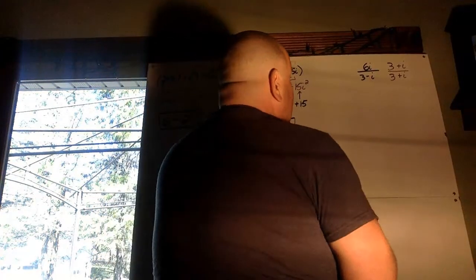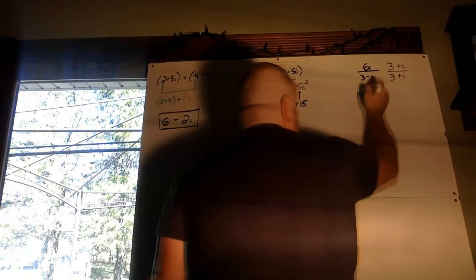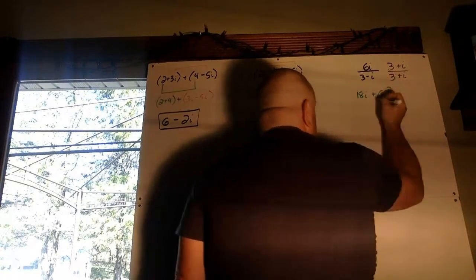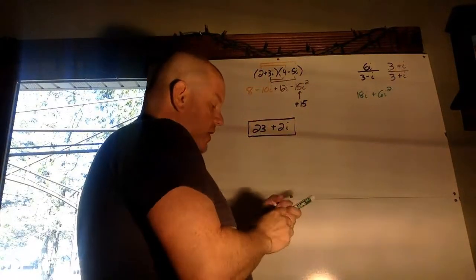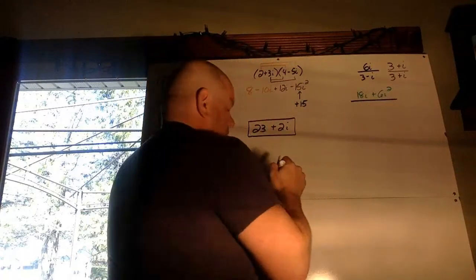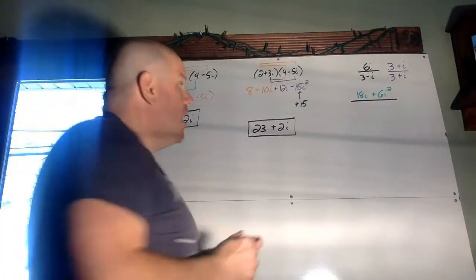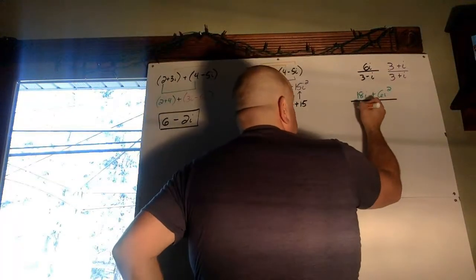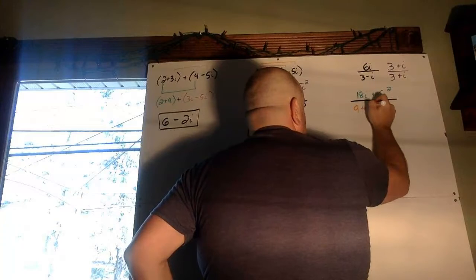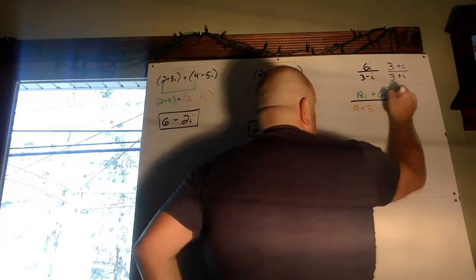Okay? So on top, we get 6i times 3 is 18i. 6i times i is 6i squared. On the bottom, we get 3 times 3, which would be 9. 3 times positive i would be positive 3i. Negative i times 3 is negative 3i.